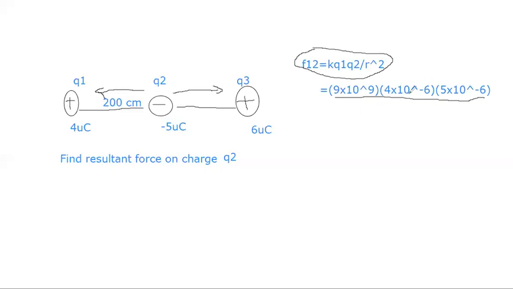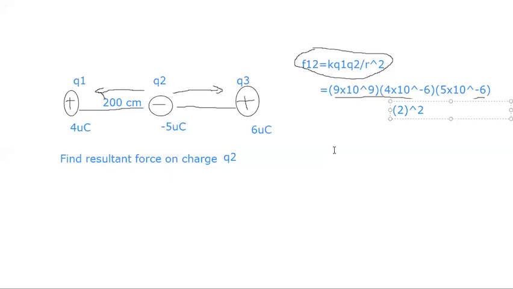Q1 is 4 into 10 to the power minus 6, and Q2 is 5 into 10 to the power minus 6. I'm going to ignore this negative, because I am just going to find the magnitude. It's a simple way. R is 200 centimeter, so I must convert it into meter: 200 divided by 100, so R between them is 2, squared.